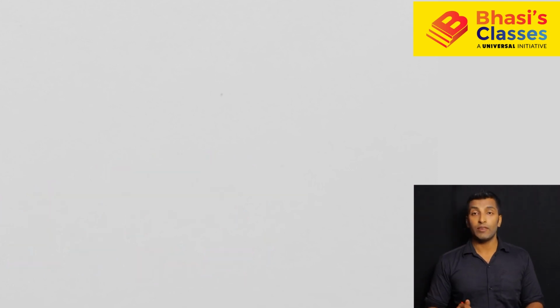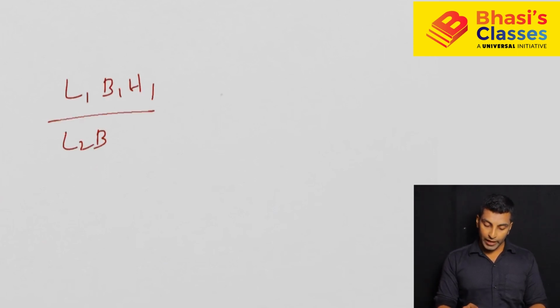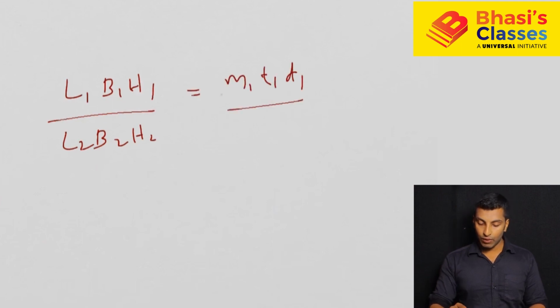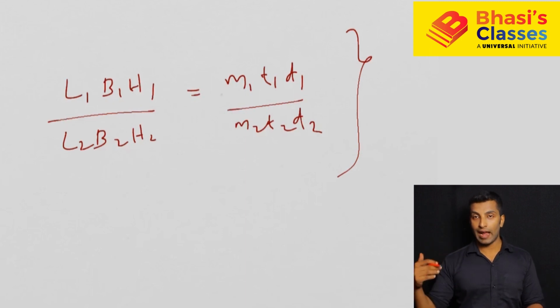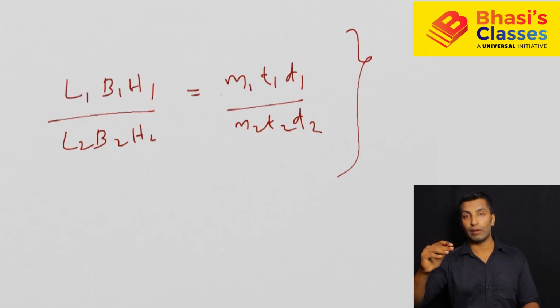So in this video we have discussed 3 important concepts where specific questions you will get, right? One is L1 B1 H1 divided by L2 B2 H2 is equal to M1 T1 D1 is equal to M2 T2 D2. Any one unknown, you will find the answer. The questions like constructing a wall with a particular height, length and breadth will be given.